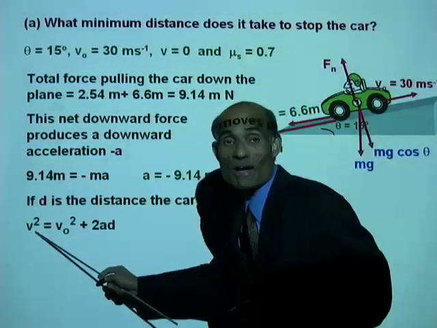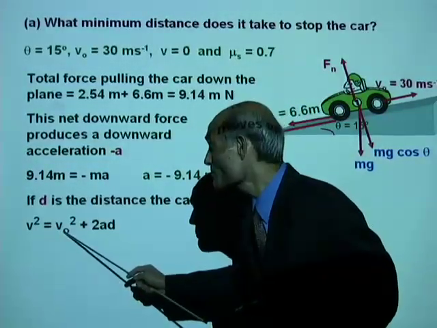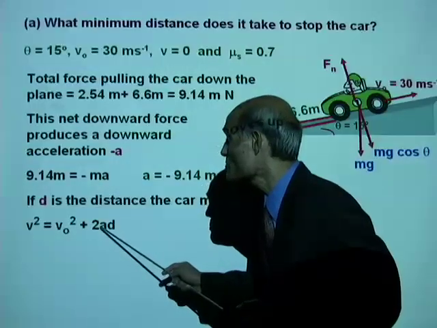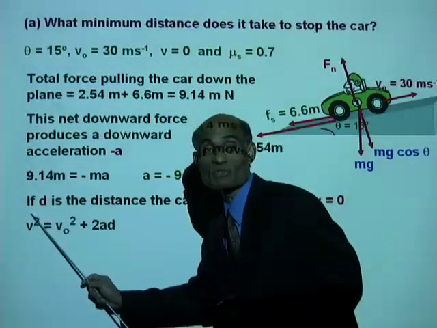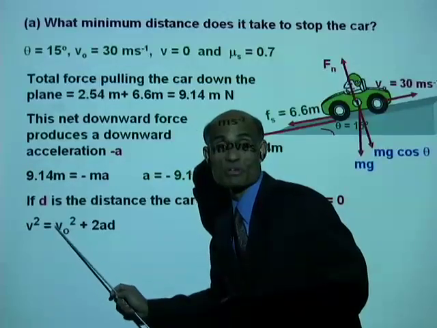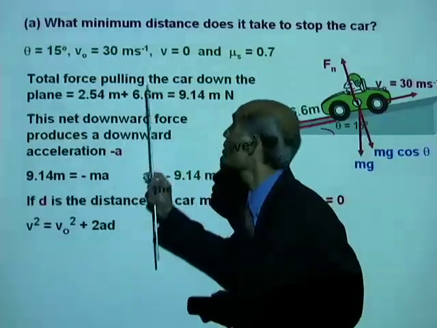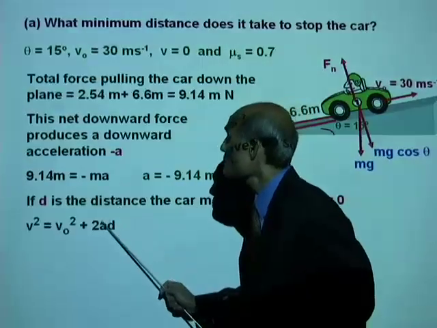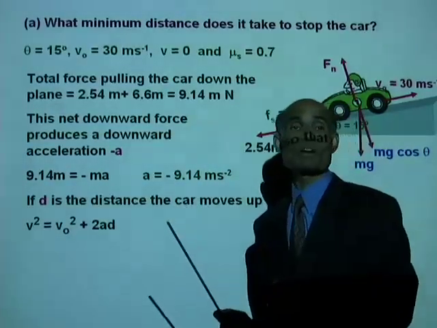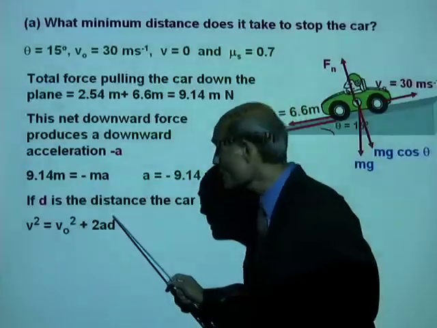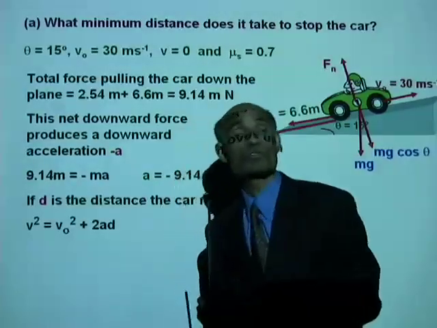So v squared equal to v0 squared plus 2ad. Well, we know all these values. V will be 0. V0 is 30 meter per second. Acceleration we just calculated as negative 9.14 meter per second squared. Therefore, we can solve for d.